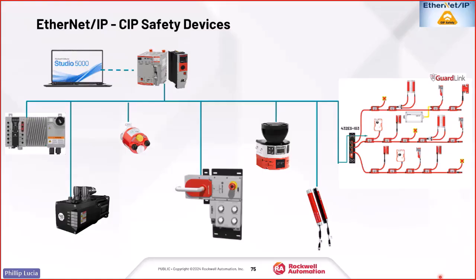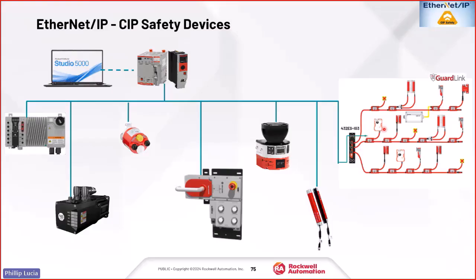Philip mentioned earlier the servos we have, the Kinetix on machine. We have VFDs in our Armor PowerFlex. We have things like safety rated encoders, interlock guard door handles with locking devices, area scanners, light curtains. The list goes on, and these are all devices that need no hardwired safety connection whatsoever. It can all be done over EtherNet/IP using our SIP safety protocol embedded in.